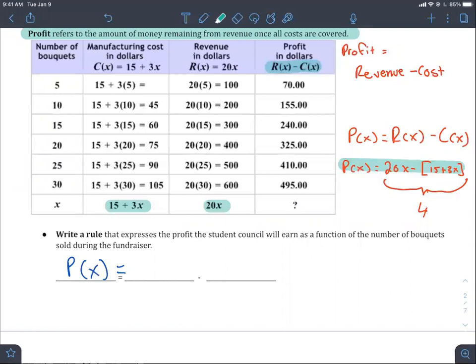I'm going to pause here briefly while I see the answers start to roll in on the formative. All right, I'm seeing several of you writing your equations.